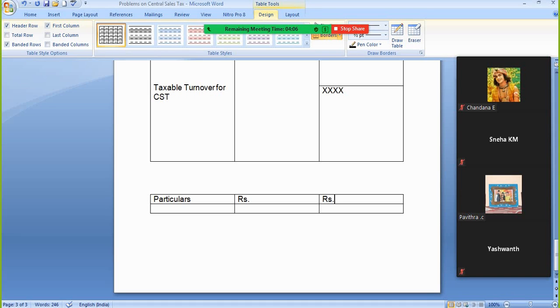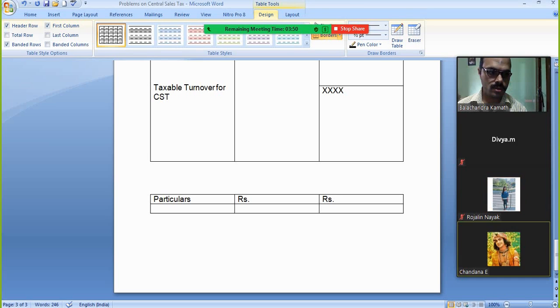Sales turnover as per books is given as 36,72,000. The above includes excise duty. So, do we need to reduce excise duty or not?